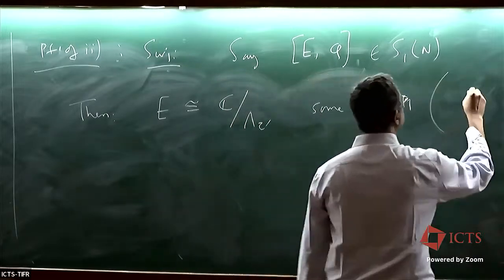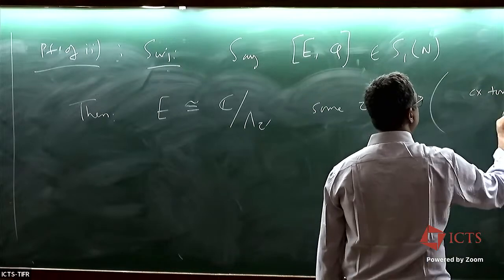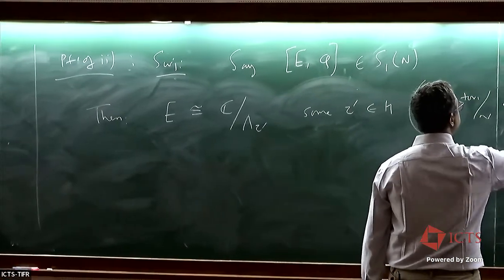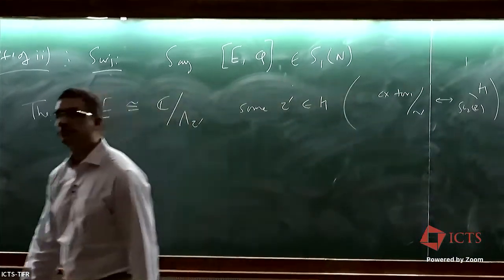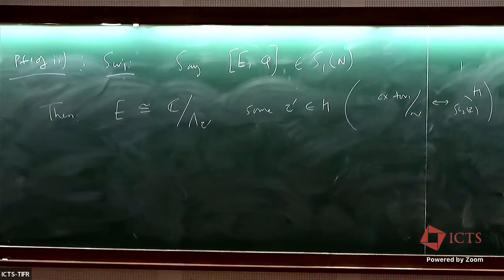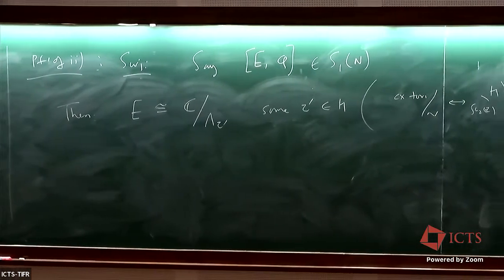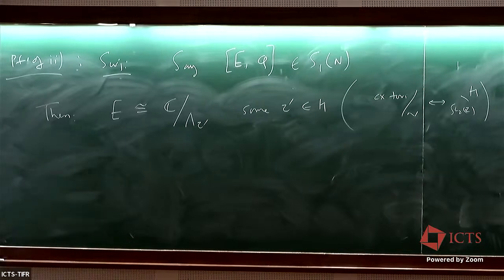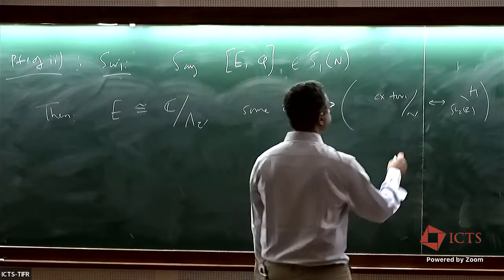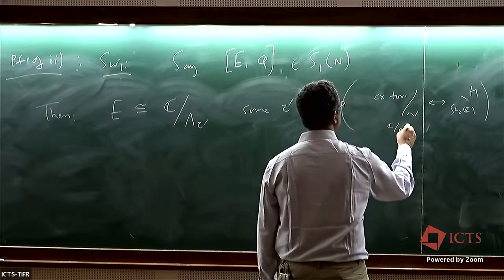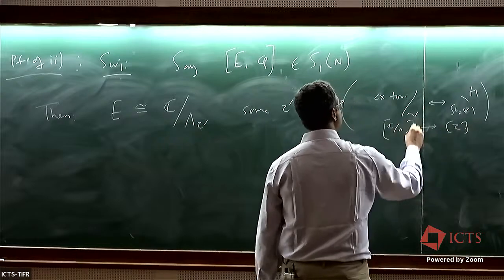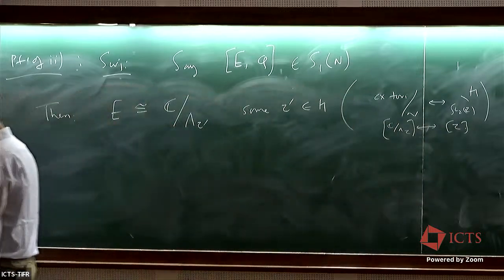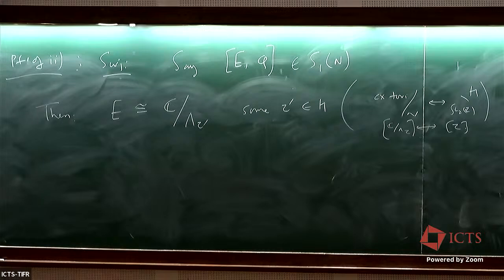Right, this is because complex tori up to iso is in bijection with H mod SL2Z, something we said right at the beginning. Right, every complex torus can be written as an isomorphism as a E tau, or E tau prime in this case.